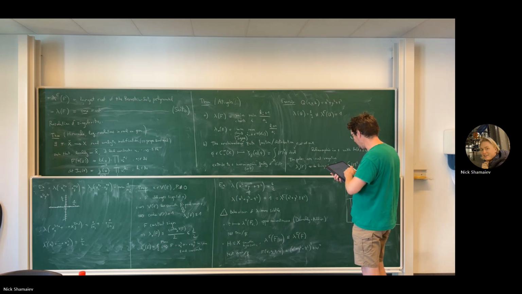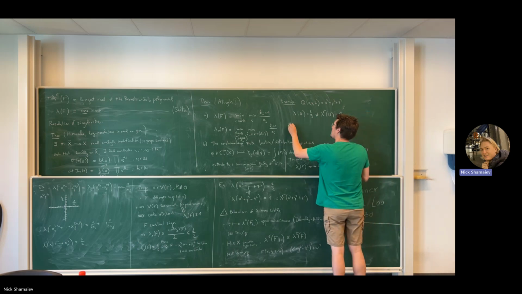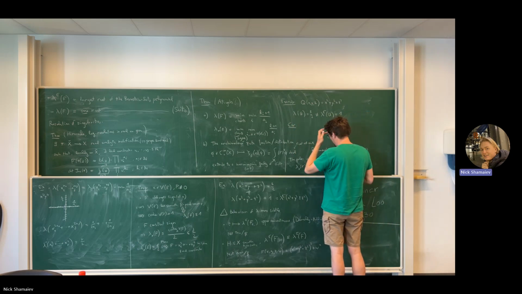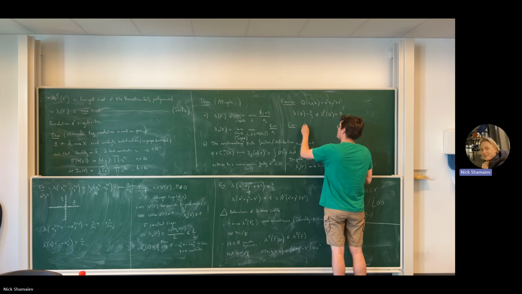Okay, so another striking corollary. Maybe in the complex case there are other ways to see this, but in the real case, I don't know any other way to show that these are rational numbers.